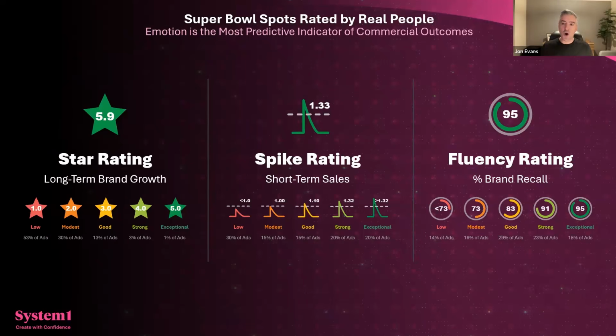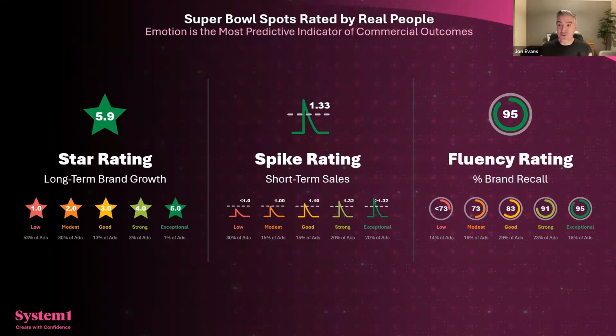All right. Why are we testing emotion? At a headline level, we divide our measures into three. Star, meaning long-term brand building potential. Advertising is there to change behavior in the long term, and star rating is a predictor of success. Secondly, spike rating.